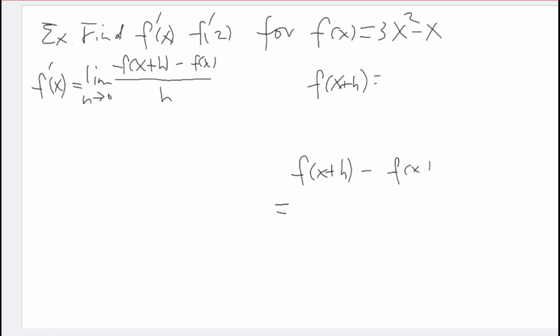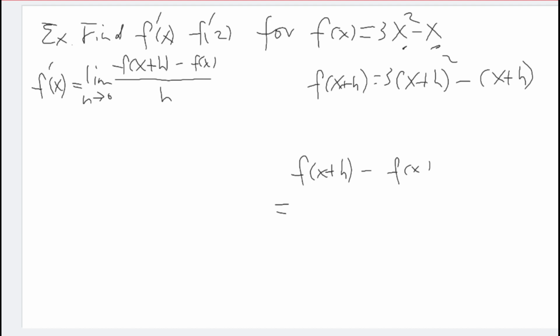All right, so wherever we see x in f of x, we're going to plug in x plus h for it. So x plus h goes in for x, and x plus h goes in for x here, and that's it.